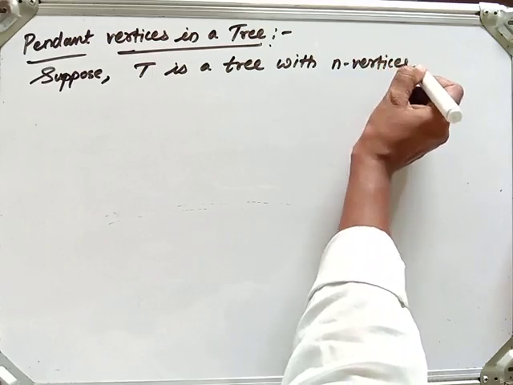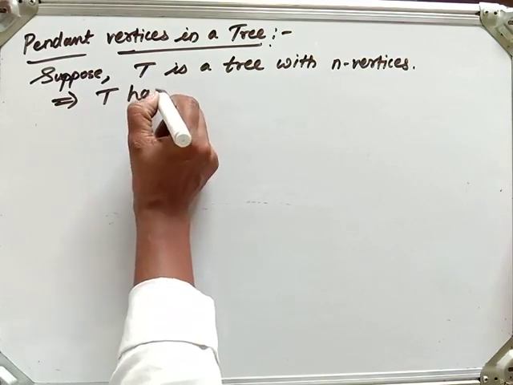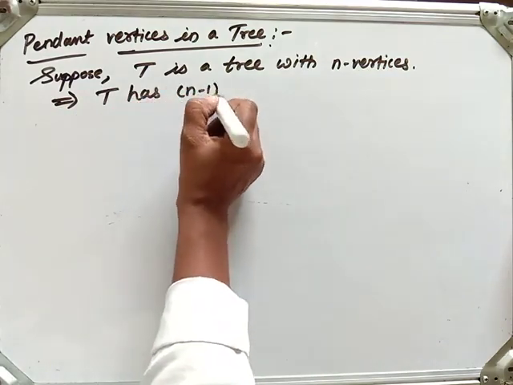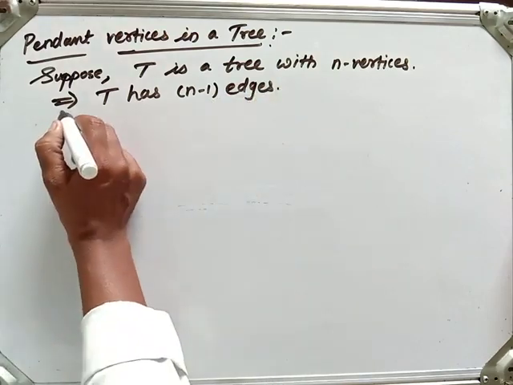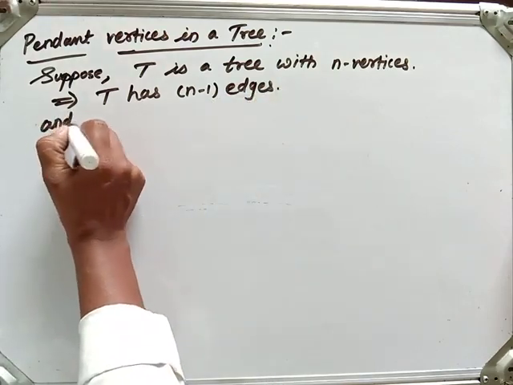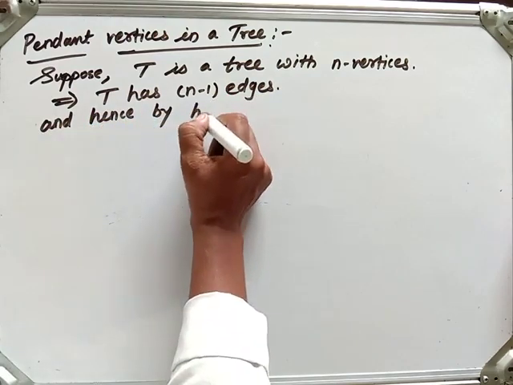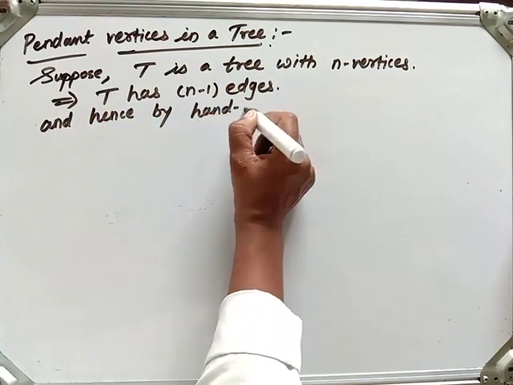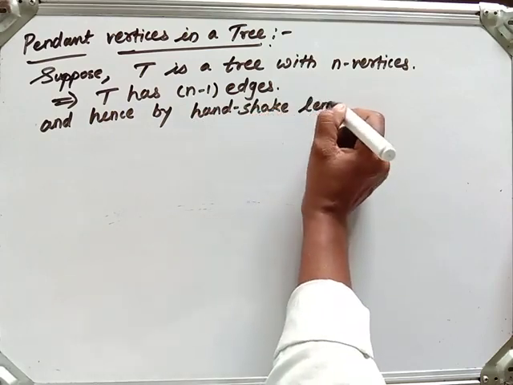So it gives T has n-1 edges, and hence by handshake lemma, what can we say?